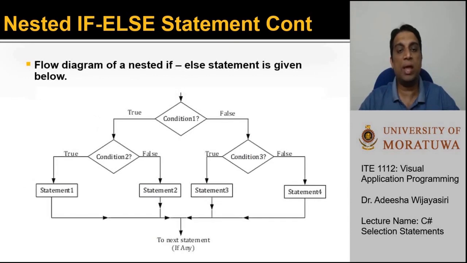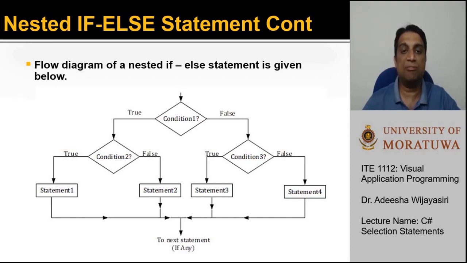You can see the flow diagram of a nested if-else statement in this slide. Condition in the first if clause will be executed first, and then if that is true, execution will be directed to the if clause inside the first if clause. Then statement 1 or statement 2 will be executed depending on the Boolean value of the nested if condition.